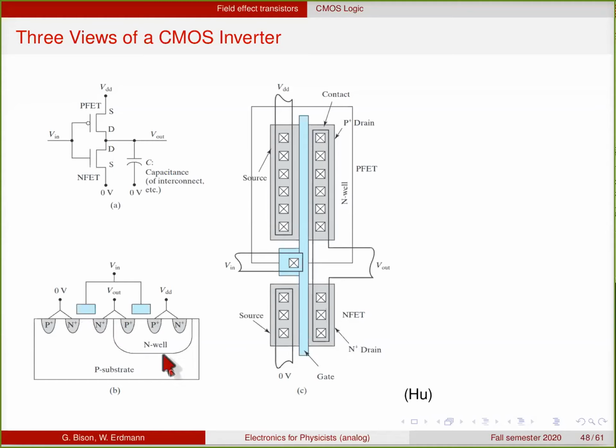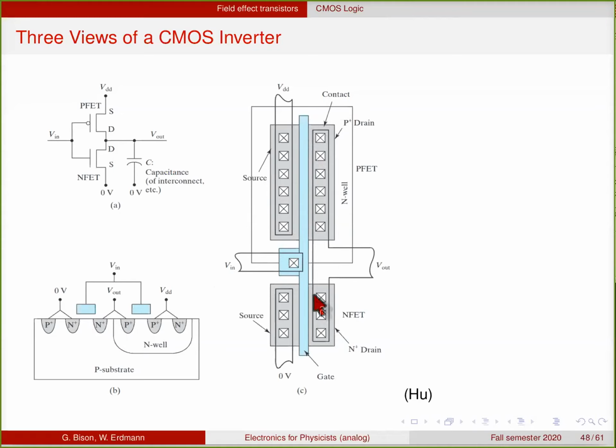If you look at the same thing now from the top, this is shown here. You have the NFET at the bottom and the PFET at the top. The PFET is larger in this case because you need a wider transistor to get the same drive because of the low mobility of holes. So the NFET can be made a little smaller and is equally strong. So the gate is shown here. It connects to both transistors.